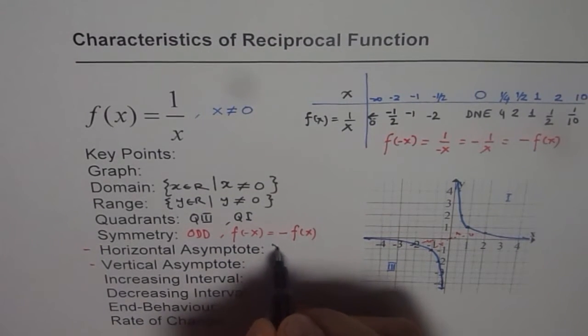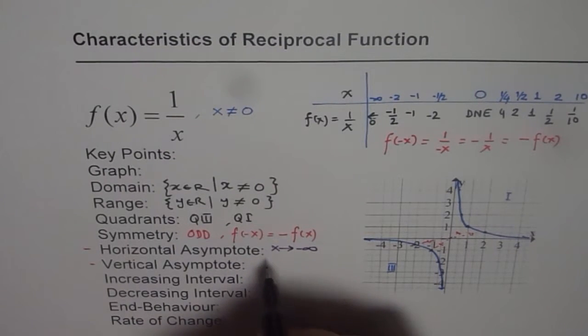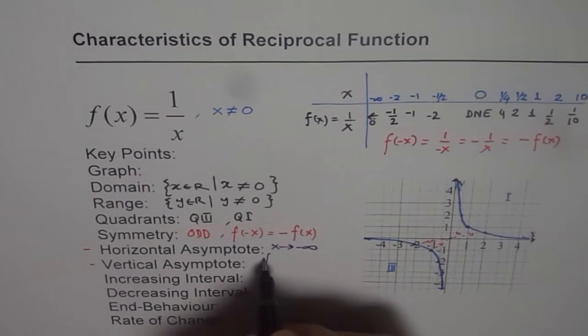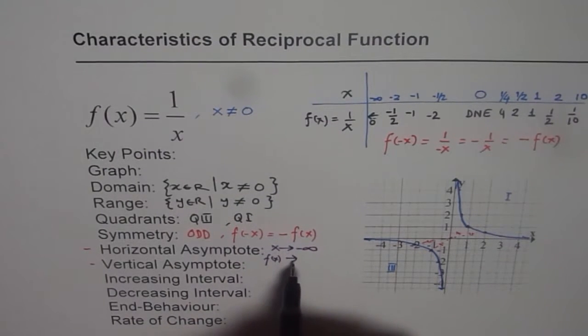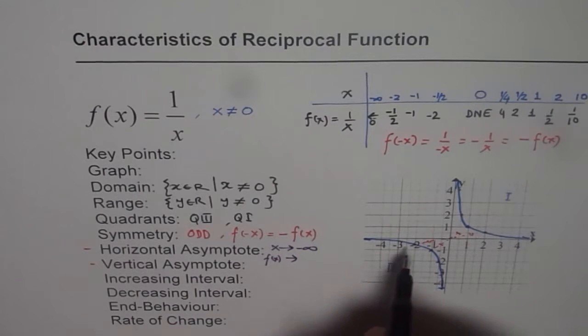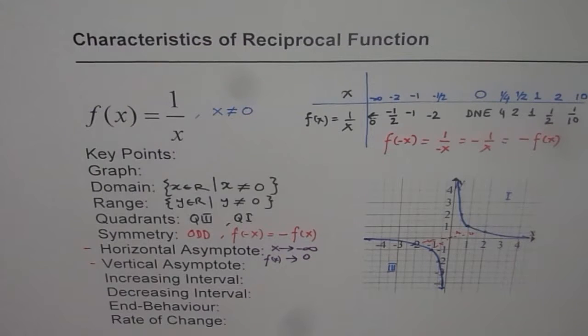So what we say is if x approaches, let us say, negative infinity, what happens to f of x or y value? So we say f of x approaches some value or not. If f of x approaches a value, in this case it does approach 0, right? We say there is a horizontal asymptote, since the value approaches but is not really equal to it, right?